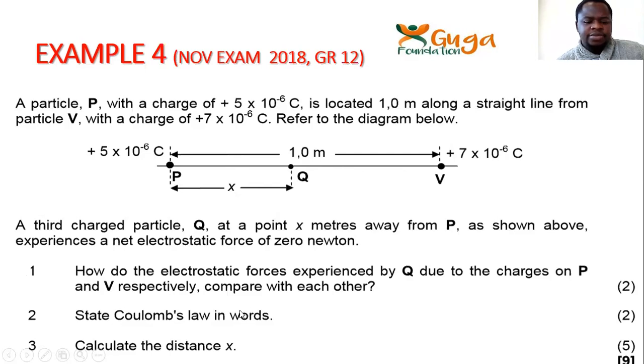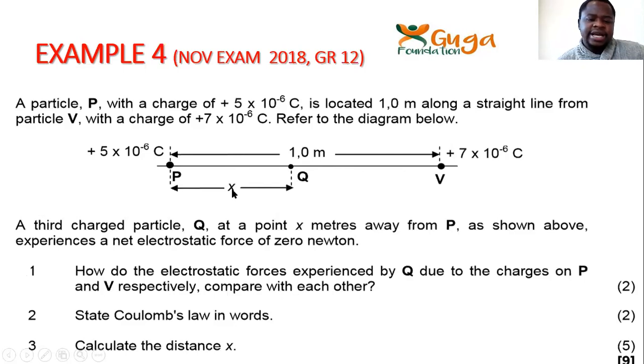Now, state Coulomb's law. We've done this. The electrostatic force between 2 point charges is directly proportional to the product of the charges and inversely proportional to the square of the distance between them. So now calculate the distance x. So we want to calculate this distance x.